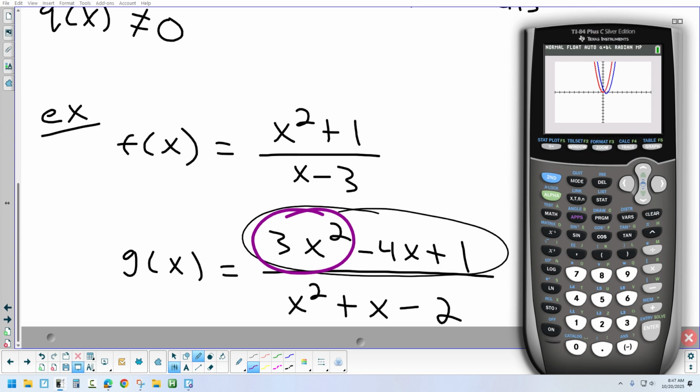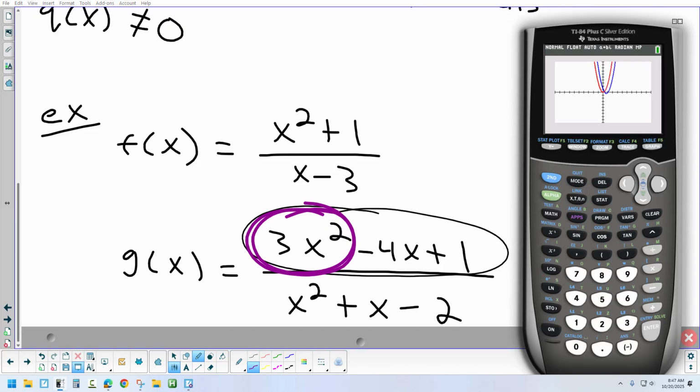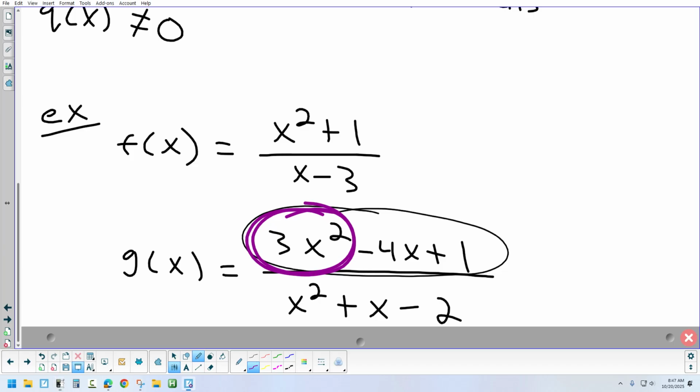So whenever you want to get an idea of generally what something is going to look like, all you have to do is really graph the term with the highest exponent. And if you graph that, you'll get a general idea of what your graph is going to look like. Okay. This term right here is called the end behavior model.